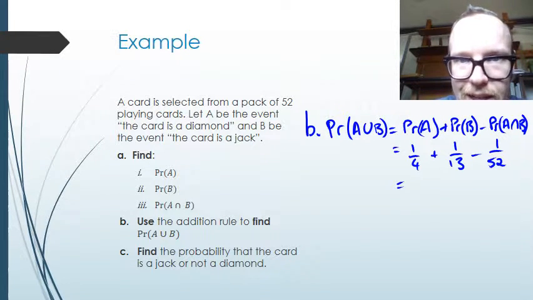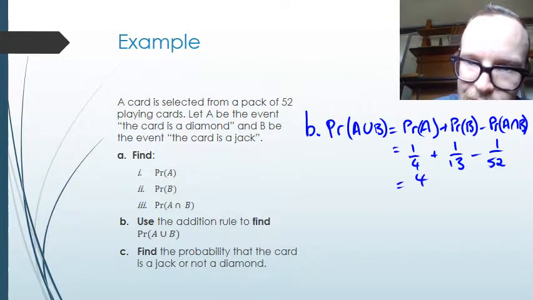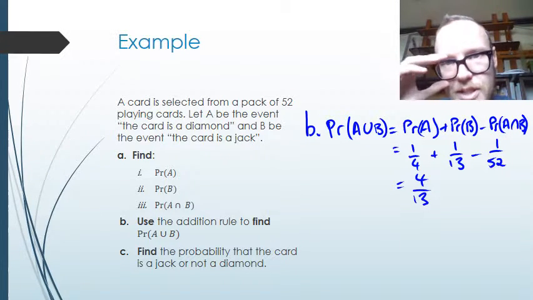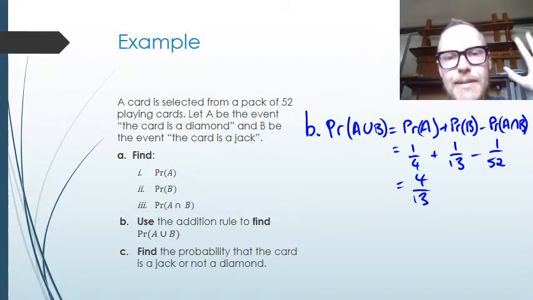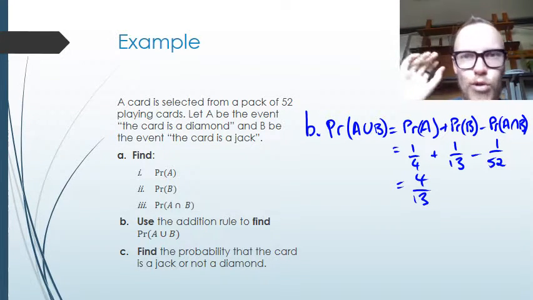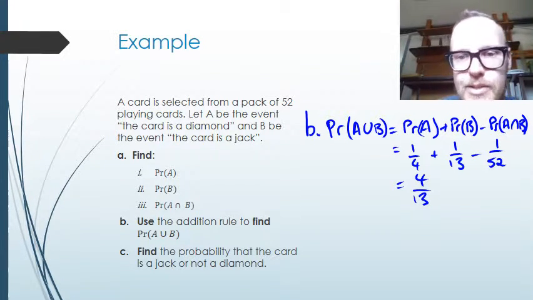If we calculate that, we get that the probability is 4 out of 13. So that's the probability that it's going to be a diamond or a jack.